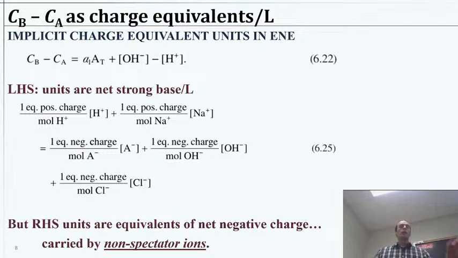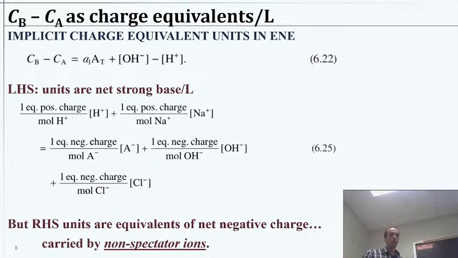So if we have CB minus CA on the left and this A minus, we can put it in different forms on the right. The left side of the equation, the units, if we take a look, are going to be essentially net strong base per liter. That's how we'll define it. So it might be one equivalent positive charge per mole of H plus times H plus.